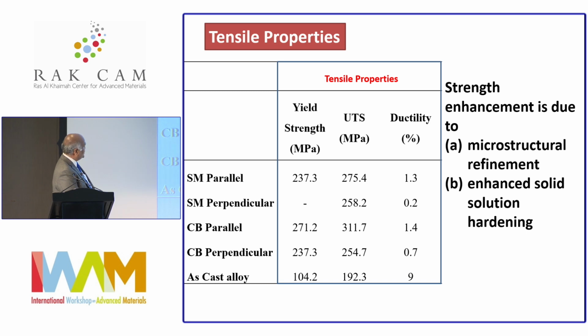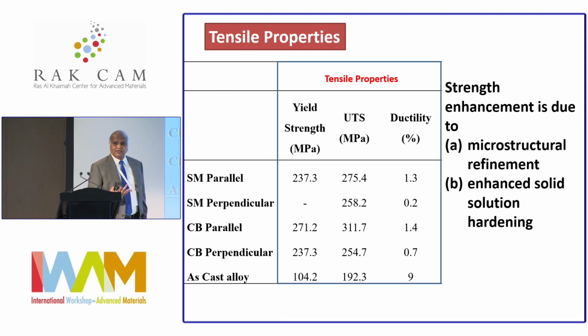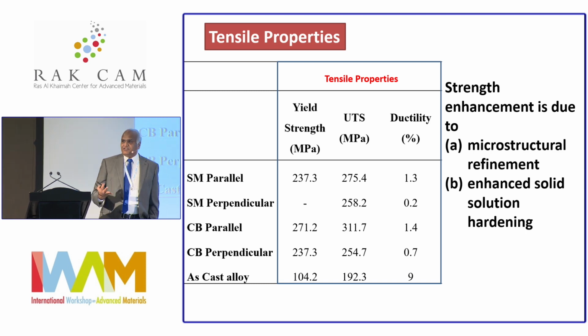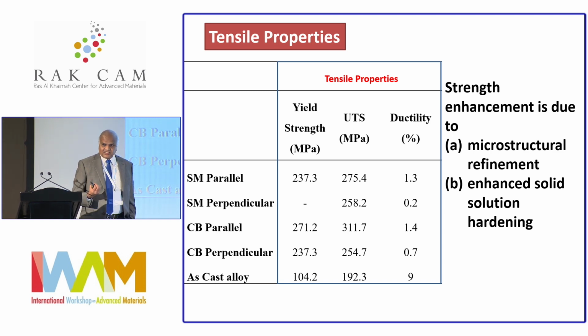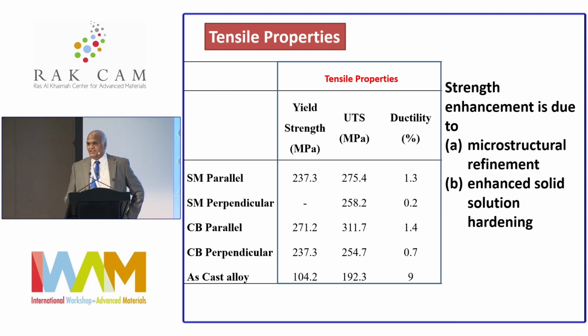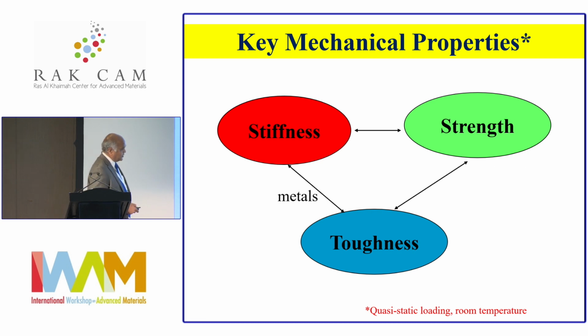But when you take the same alloy and 3D print it, the strength nearly doubles. Okay? And this doubling happens because of the rapid solidification. There is a microstructural refinement that happens, and there is also enhanced solid solution, because some silicon gets retained within aluminum because you are rapidly solidifying, right?